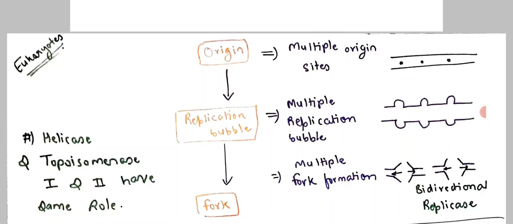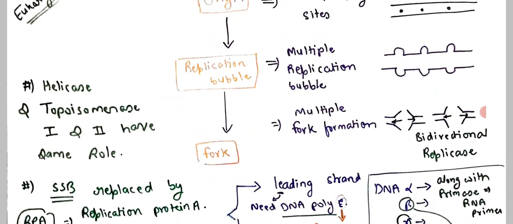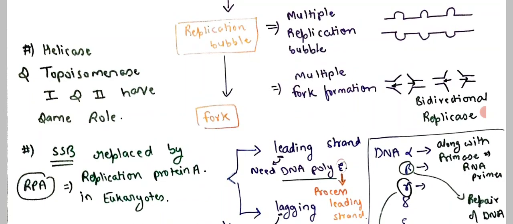In eukaryotes there are multiple origin sites. Replication bubbles are also multiple and the forks are also multiple, and these all occur in the bidirectional direction. Helicase and topoisomerase 1 and 2 have the same role here. Single strand binding protein is replaced by replication protein A in eukaryotes.